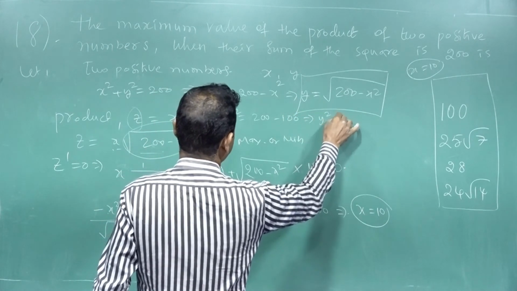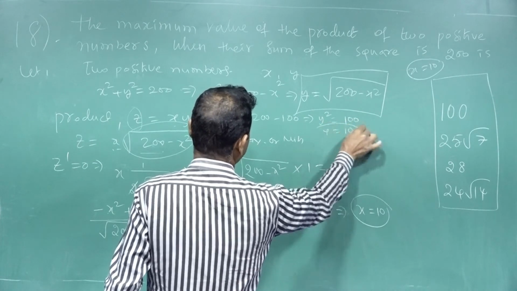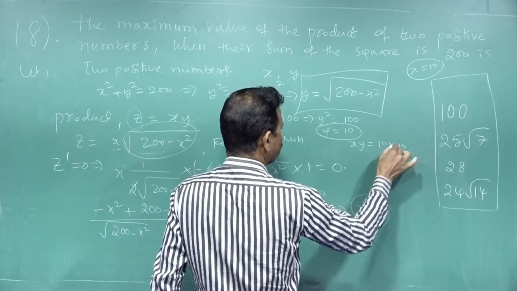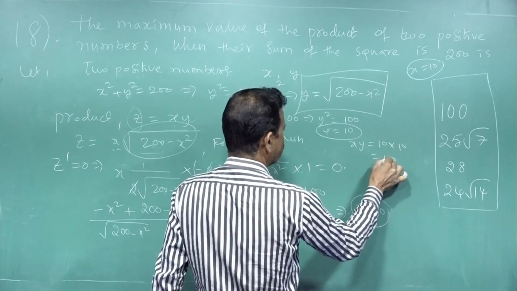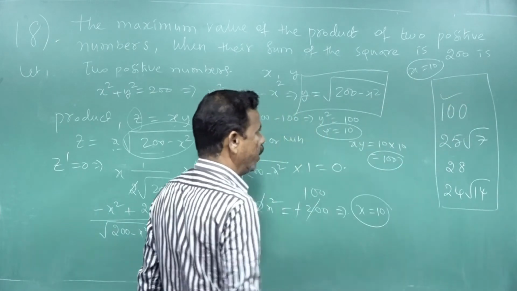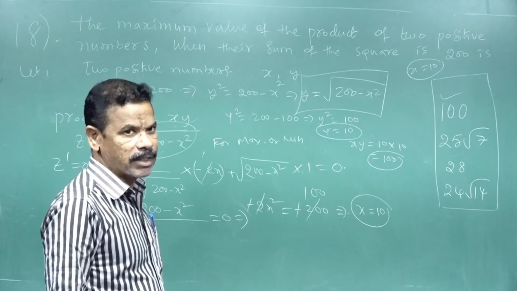Y square is equal to 100. So y is also equal to 10. So x into y, 10 into 10, so 100. So this is the maximum value. It is the better way. No need of the second derivative. Only the x value 10 is coming, so automatically it is the maximum.